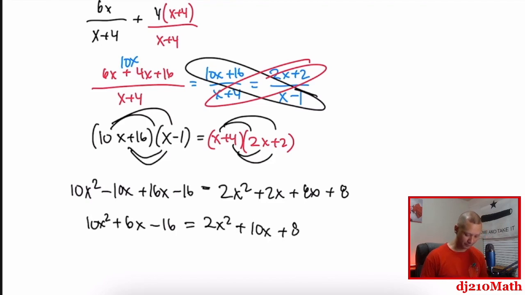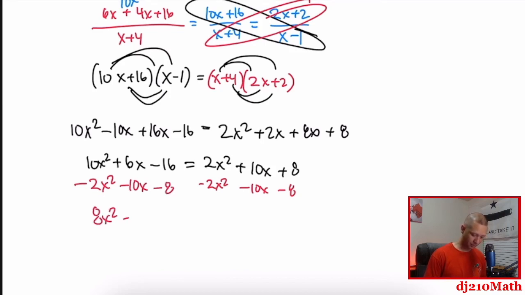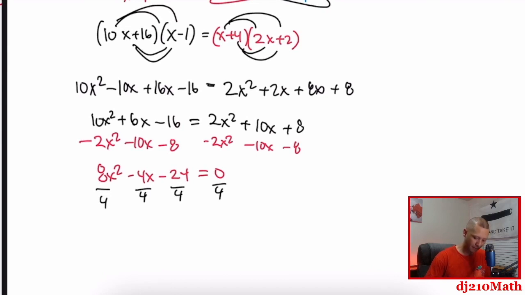All right, I'm going to move everything left. So 8x squared minus 4x minus 24 equals 0. I can divide a 4 out of everything. So this is going to be 2x squared minus x minus 6 equals 0.